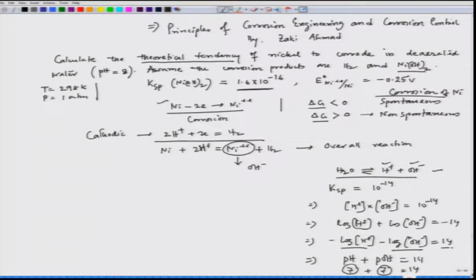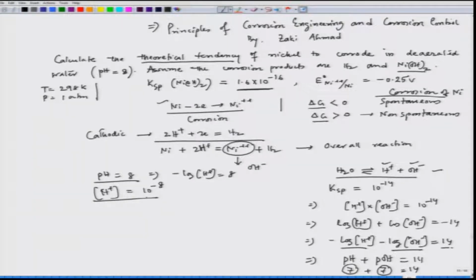Now, here we have pH equal to 8. That means the H+ concentration is 10 to the power minus 8, since minus log of H+ equal to 8.